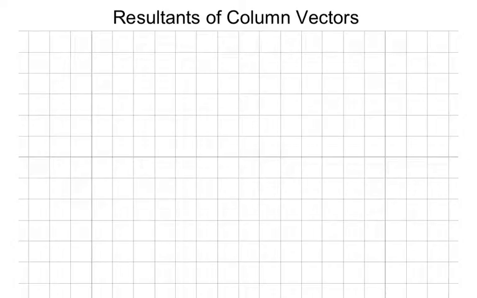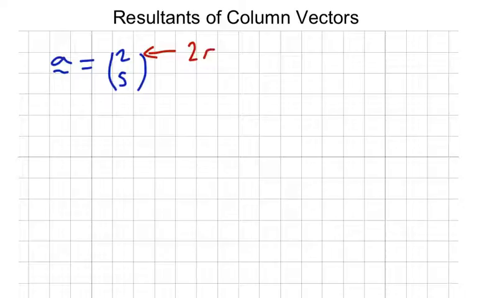In this video, we're going to look at resultant vectors, but when we have our vectors in column vector notation. Now remember, a column vector is something like our vector A is equal to (2, 5), where the top number is the x direction, so that means 2 to the right, and our bottom number is in the y direction, so that means 5 up.